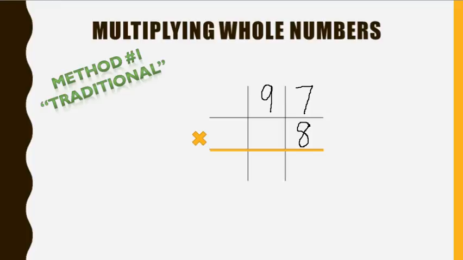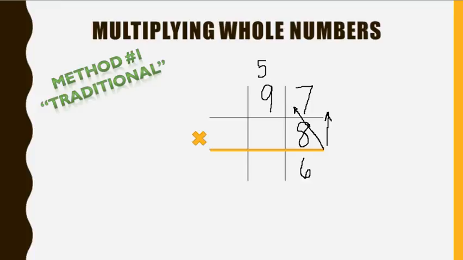Okay, so when you are multiplying bigger numbers, you want to multiply the 1s times the 1s, which is 56. And then just like in adding and subtracting, you don't want to put the 5 here. You would still do the same exact thing and put it up here in the 10s. And then you're going to multiply the 1s times the 10s.